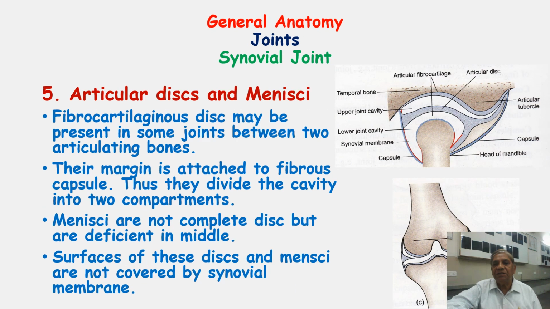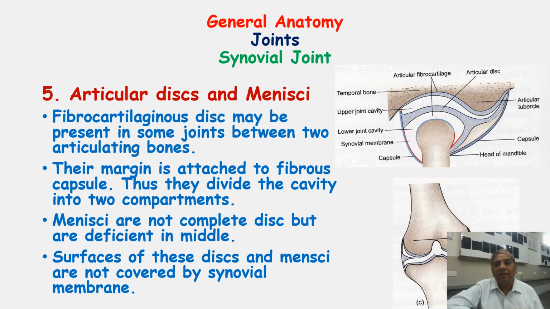Coming to the last structural point, the articular disc and menisci. Sometimes within the capsule of the joint, in the intra-articular area where the cavity is present, the cavity may be divided into two compartments because of the presence of an articular disc. Why is it called an articular disc? Because it is inside the joint. Articulation means joint.